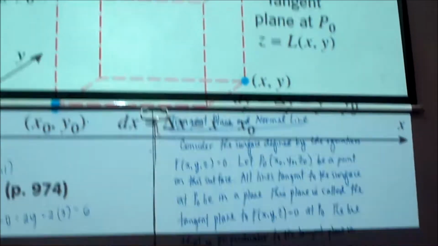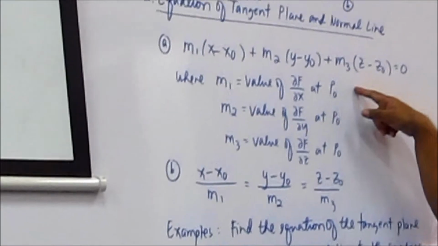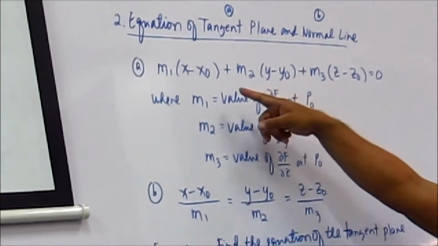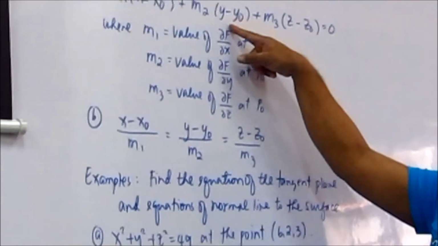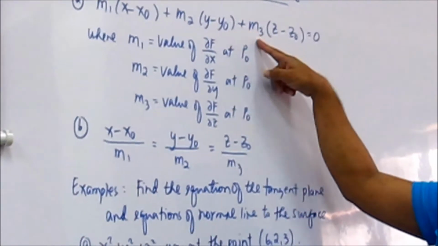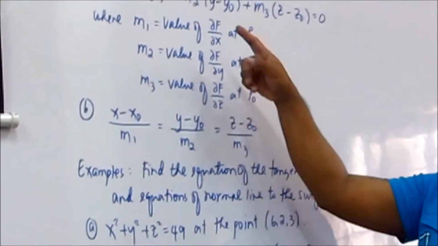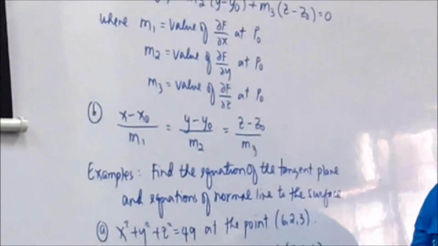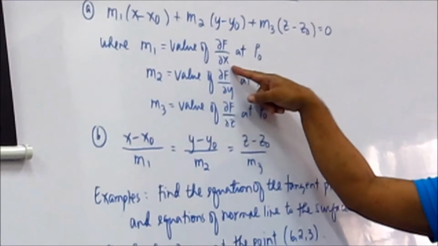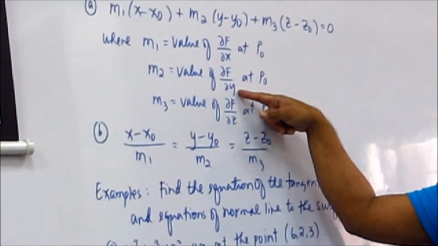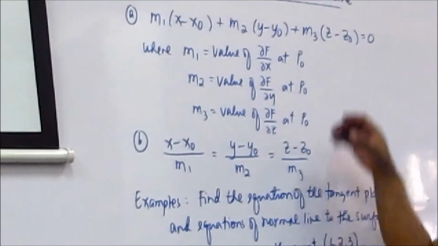And the following formulas are to be used for the equation of the tangent plane and normal line. For the equation of the tangent plane, we have m sub 1 times (x minus x sub 0) and so on.